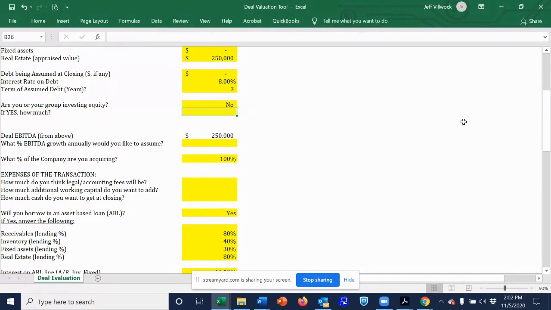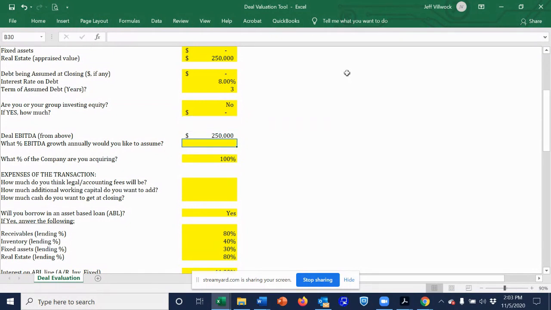And in some cases, you're going to need more capital. If you need more capital, this is probably where it is. So you just change this to yes, and you say, okay, we're going to invest $100,000, $50,000, $20,000, whatever it is. And the spreadsheet will do the rest for you. So we're going to say no and no.